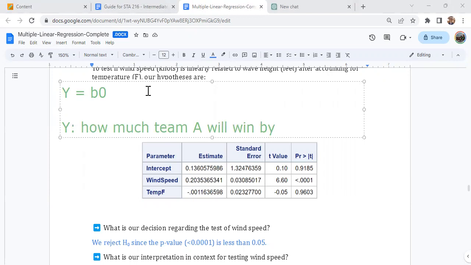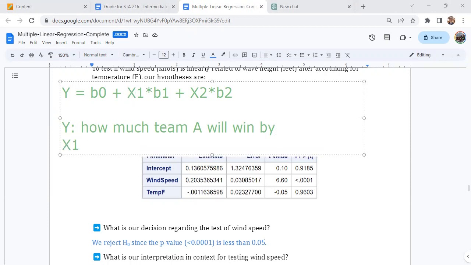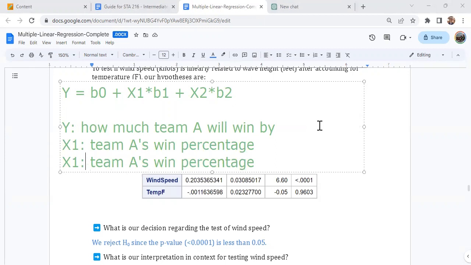This is what I did for some of the basketball modeling. And then you have x1 times its own slope, and then you have x2 times its own slope. Maybe x1 is team A's win percentage for the year, what percent of games they've won, and x2 is team B's win percentage.